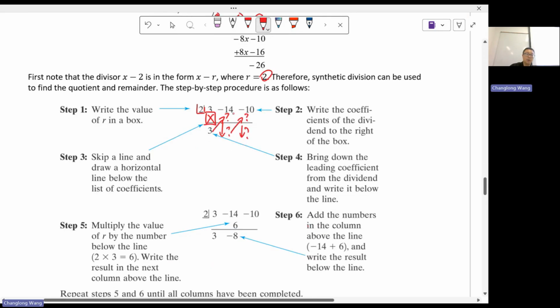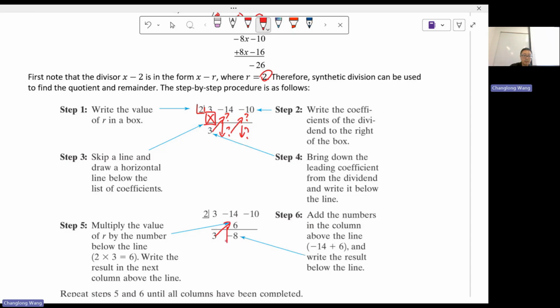Every time you go up, you multiply the number in the last row with that number in the box. So here you see that 3 times 2 gets you 6. So that's the first spot.